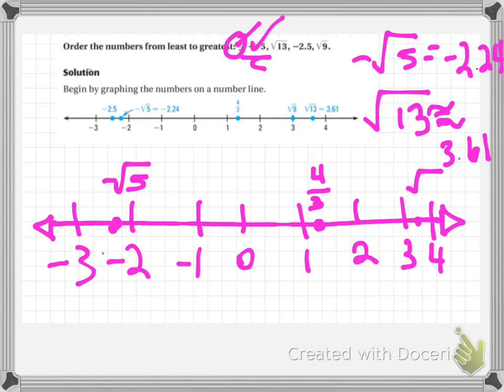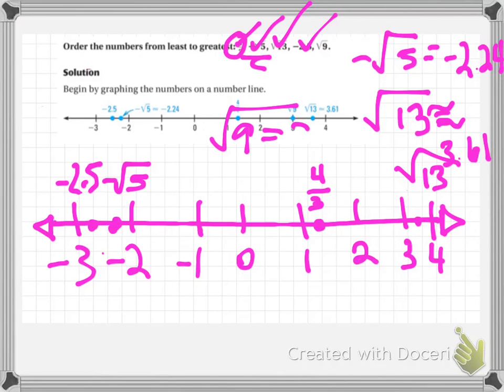So square root of 13. That's really bad, I apologize. There we go. Then we have negative 2.5, which is very simple. Then we have the square root of 9, which is 3, because 3 times 3 equals 9.